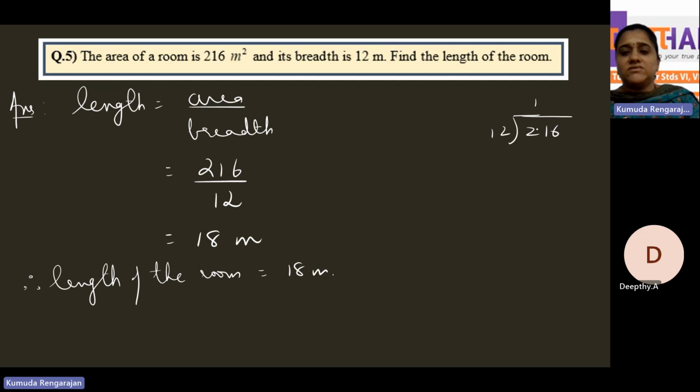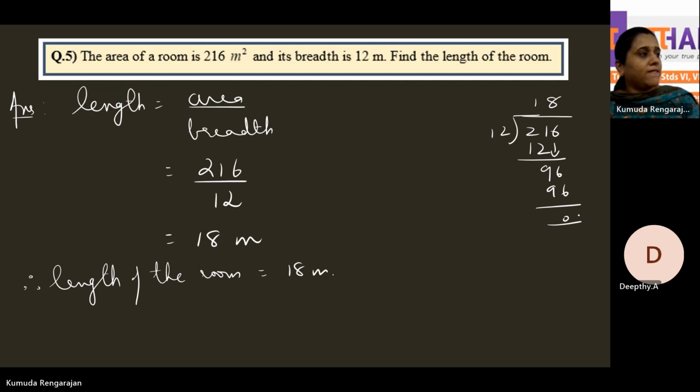So one's a 12, correct? What's the remainder? 9 is a remainder. 6 comes down. 12, 8's a 96. You wrote 12, 7's a 96, is it?